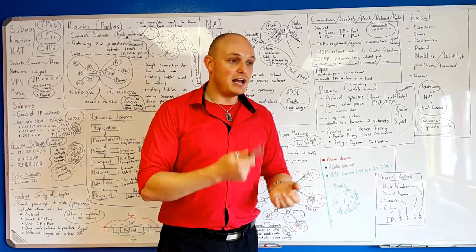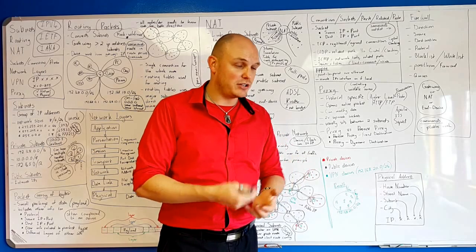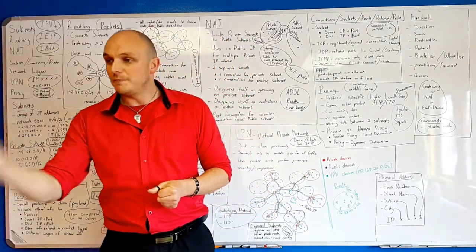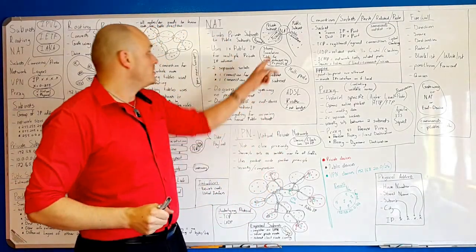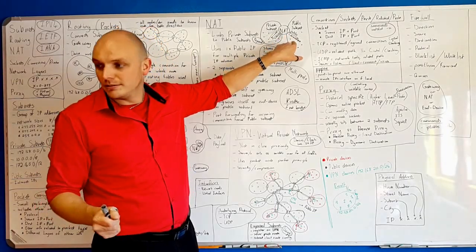Whereas with ADSL, I'm not talking about all ADSLs, your major providers like your Telkoms, your MWebs, they usually will give you a public IP address. So if you connect, your physical router's IP address there will be public.